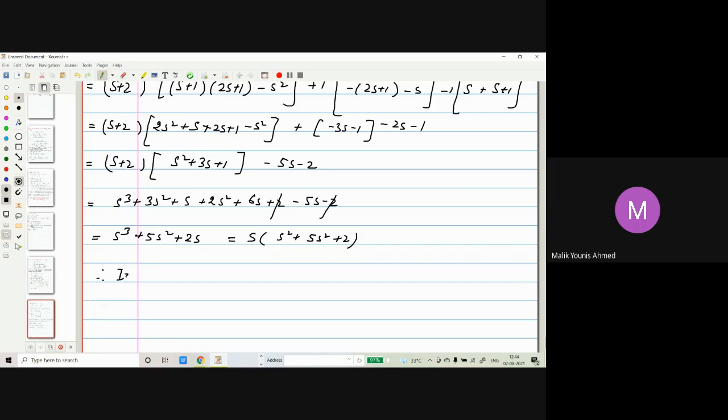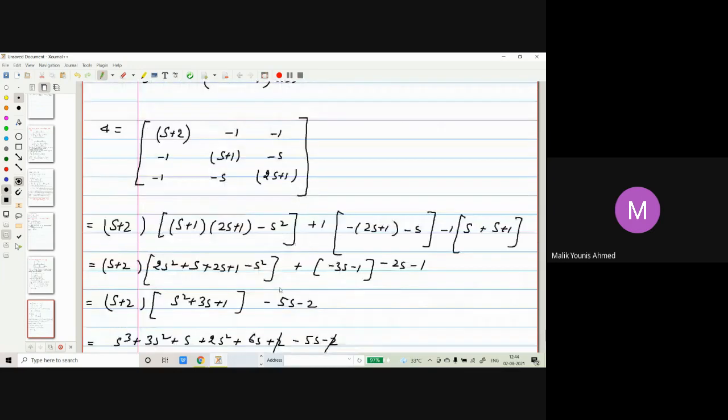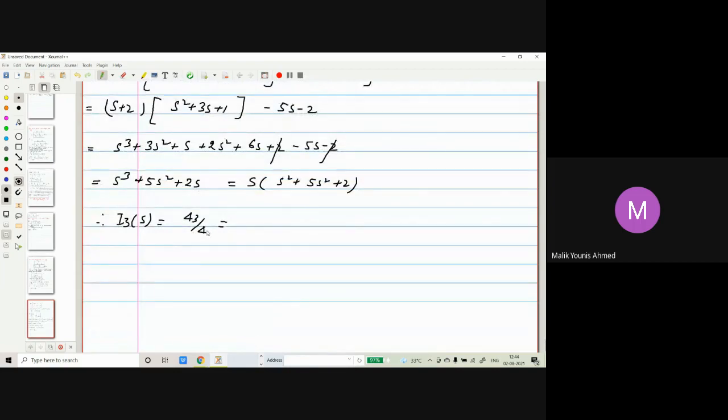Therefore, your I3 of s will be delta 3 by delta. Delta 3 is V of s times s square plus 2s plus 1, over s square plus 5s plus 2. So from loop third, we have VL of s.